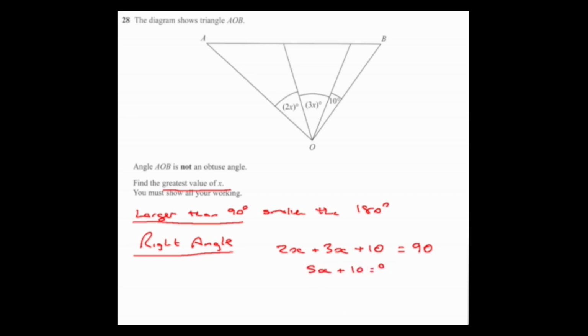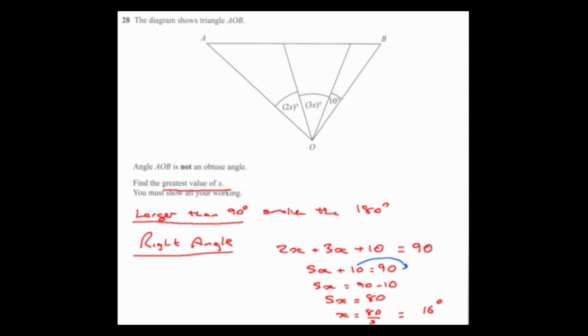I am going to move the 10 to the other side of the equation. Therefore, it becomes a minus 10. So we have 5x equals 90 minus 10. So 5x equals 80. X is therefore 80 divided by 5, which is equal to 16 degrees.